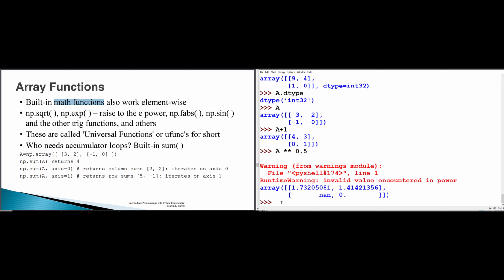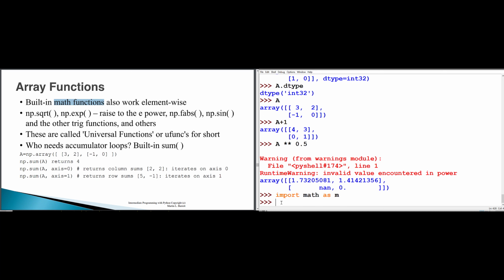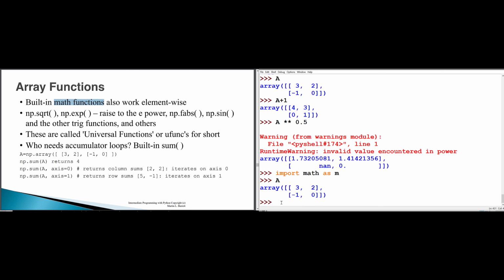Let me show you why this matters. You remember that we have functions like sine and cosine and exponent and log and so forth in the math library. So I might be tempted to say import math as m and then compute the sine of a.